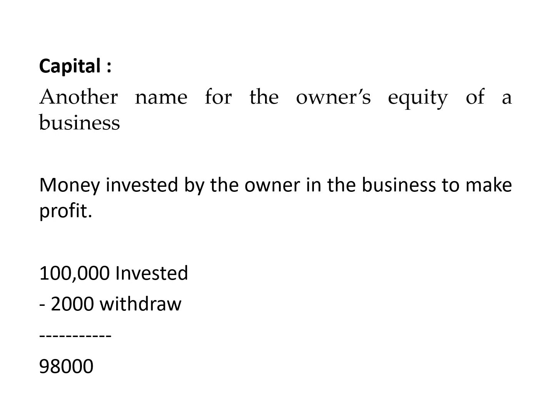So money invested means capital invested. So we have capital of $100,000 minus $2,000 withdrawn by the owner. $98,000 is the remaining investment, meaning remaining capital. So this is the net capital. Initially capital was $100,000, and now it is $98,000 after subtracting $2,000.